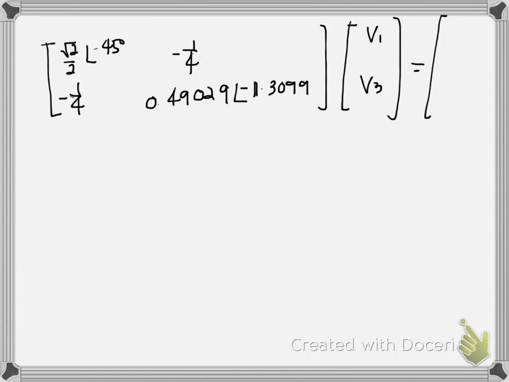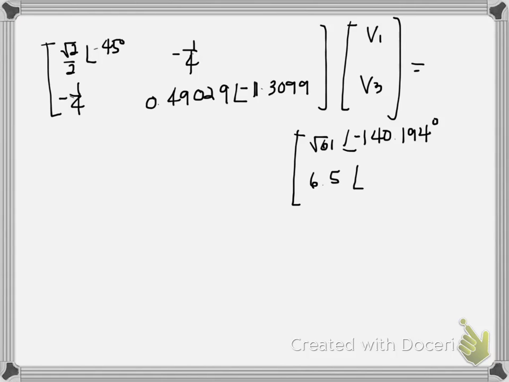And the constants, maybe I would put them in the bottom part: square root of 61 angle minus 140.194 and 6.5 angle minus 22.62.